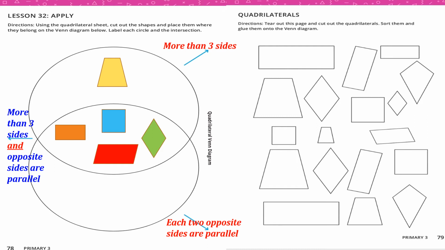It's only in the first circle. Also, don't forget these shapes. These shapes are more than three sides, but not each two opposite sides are parallel. So I will put them up here with trapezium.